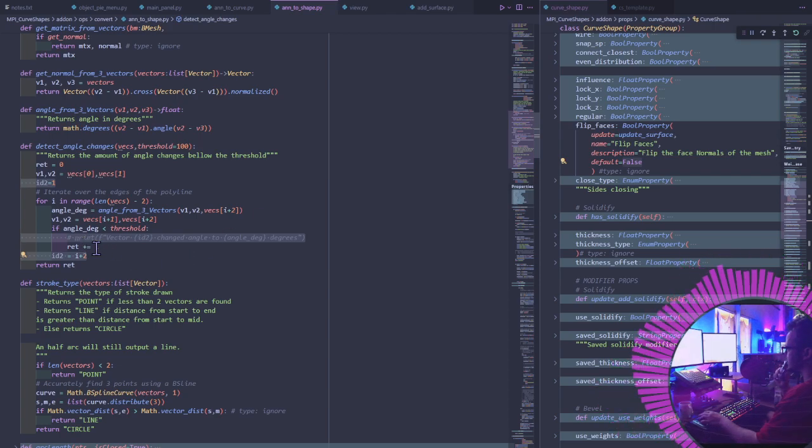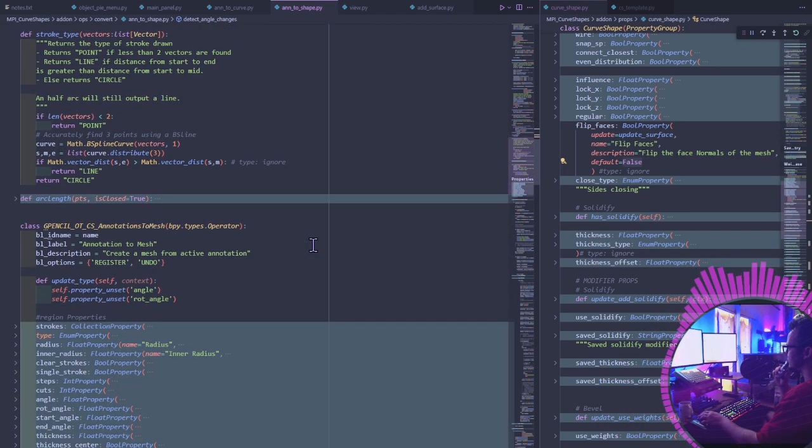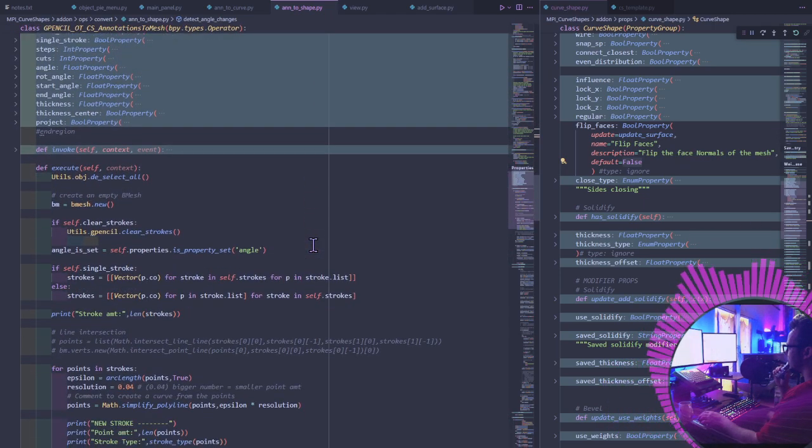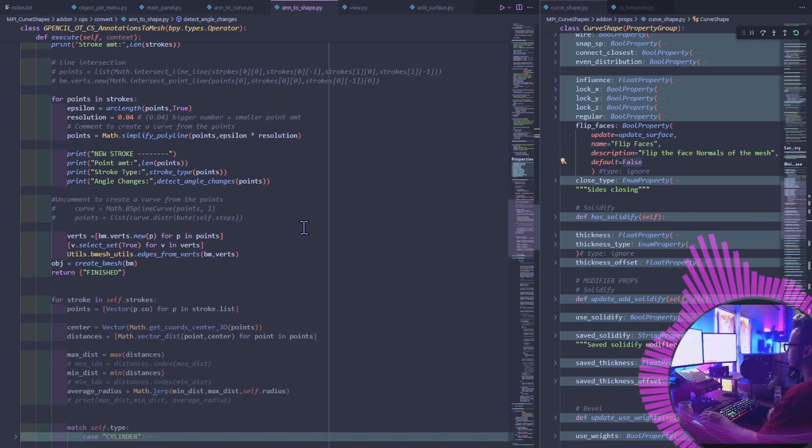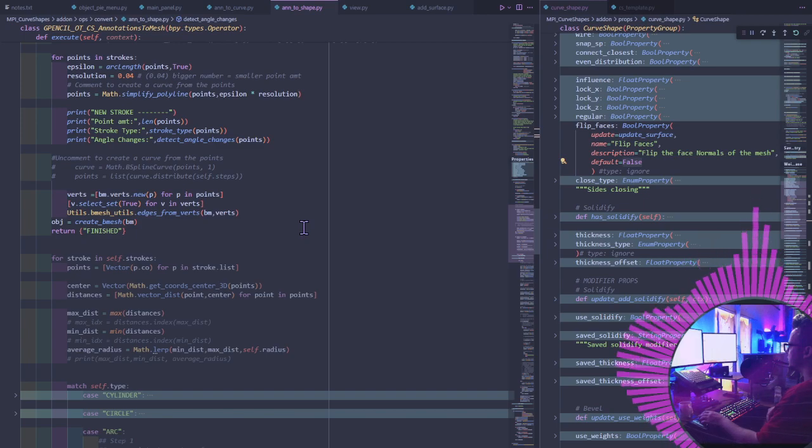It just returns how many times it found those degree changes. That's just how I'm getting the strokes from gpencil.